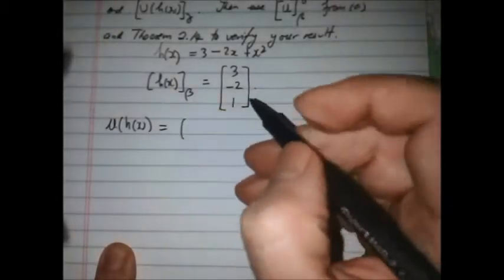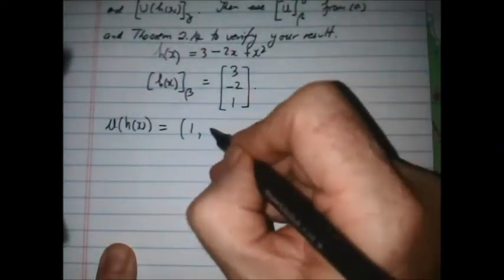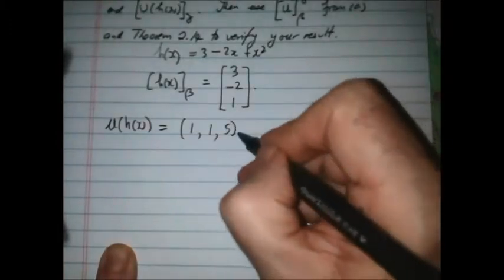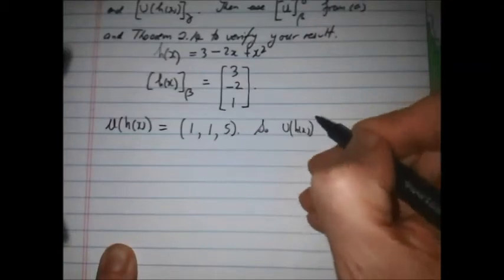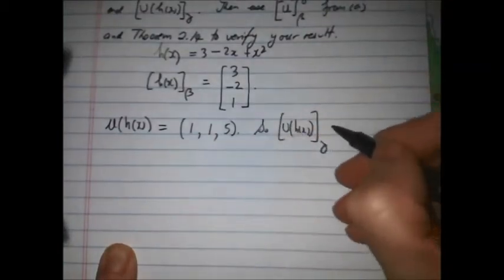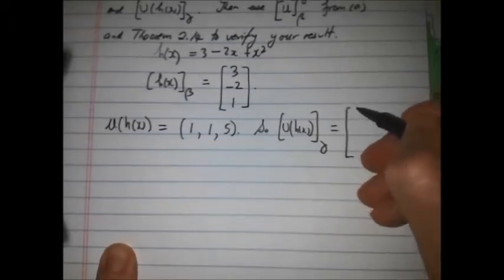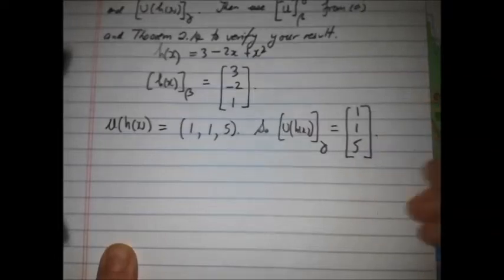So our vector is a plus b, which is 1, c is 1, and a minus b is 5. So that means that the coordinate vector of U of h of x relative to the standard basis gamma is quite easy. It's just the vector (1, 1, 5), but remember we must write it in column form.